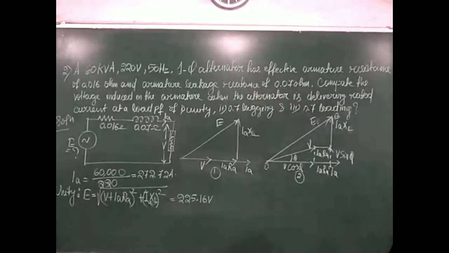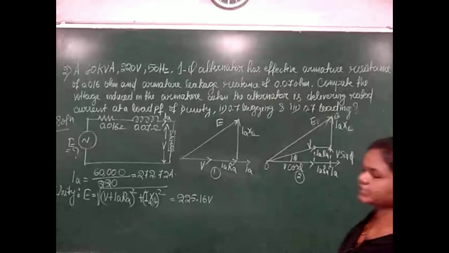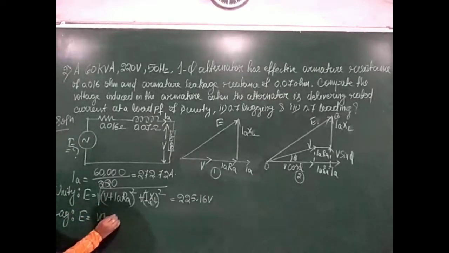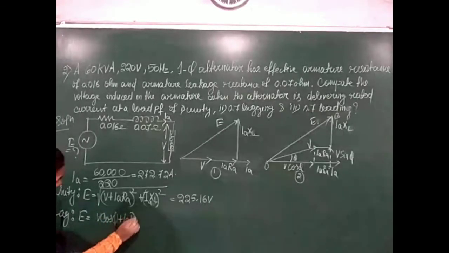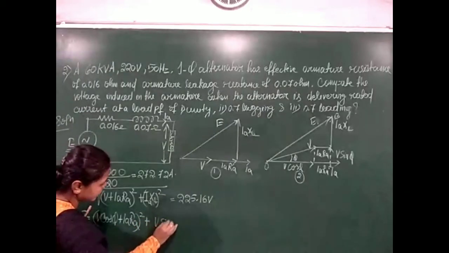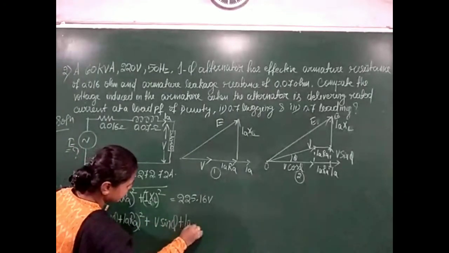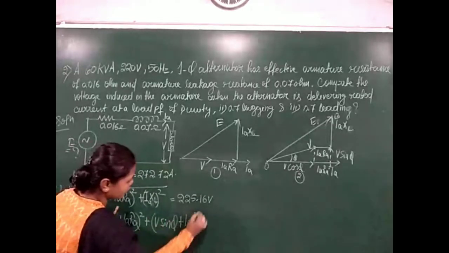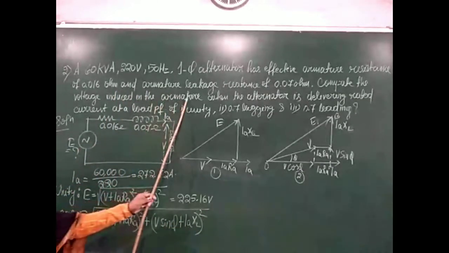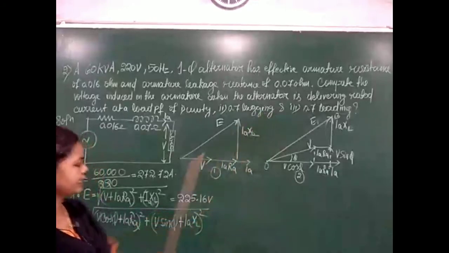Clear? So the EMF induced in the armature in case of lagging power factor is the square root of V cos phi plus IaRa whole square plus V sin phi plus IaXL whole square. This whole root gives the voltage induced in the alternator for lagging power factor.